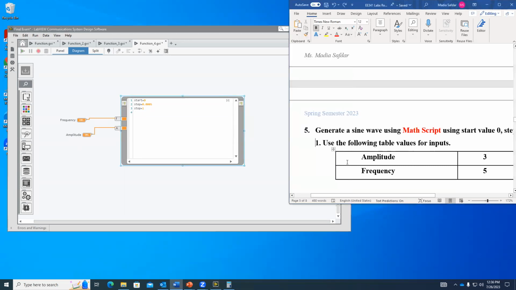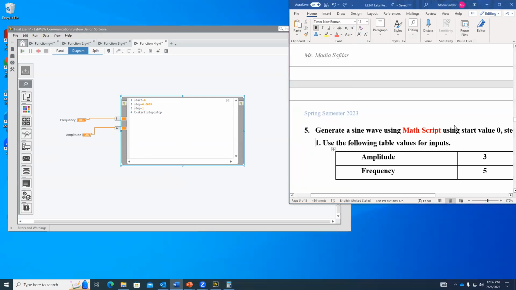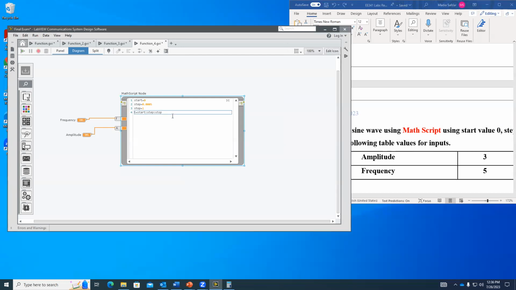Okay. Now I need scale. So for the scale, it will be T equals start, then colon, step, then colon, and stop. Done. Now what is the equation for sine wave? Generate a sine wave. So I will write x equals.